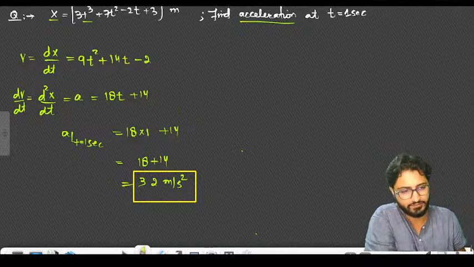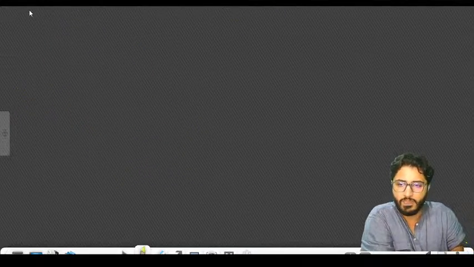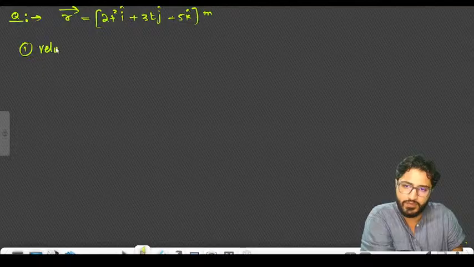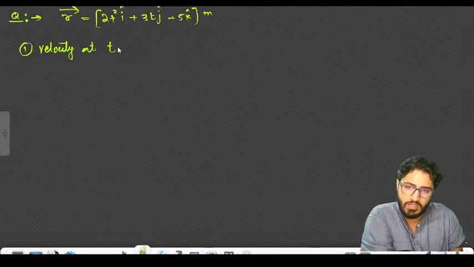Okay, second numerical. If my position vector r is given to me as 2t square i cap plus 3t j cap plus 5 k cap meters, the first thing we need to find out is the velocity at t equals 1 second.